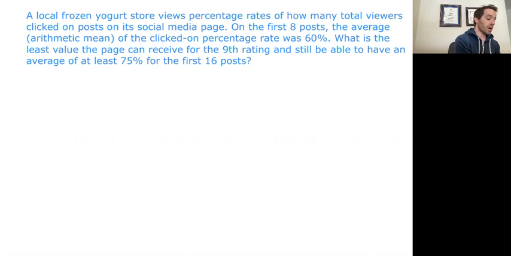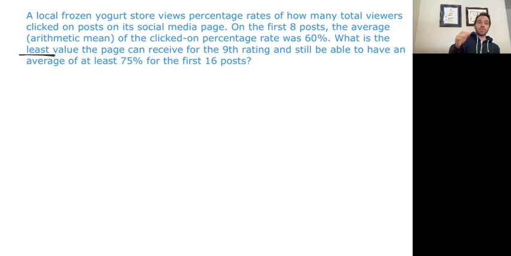Now, I obviously was using a stressed voice there. The least value. When words like that get used in math problems, they should grab your attention, because we are interested in the least possible value that will cause this to happen.